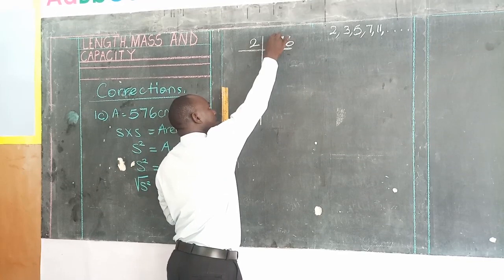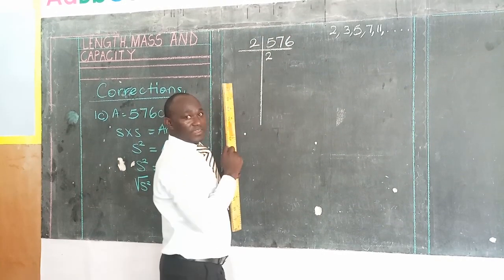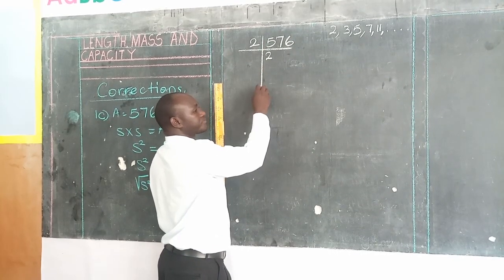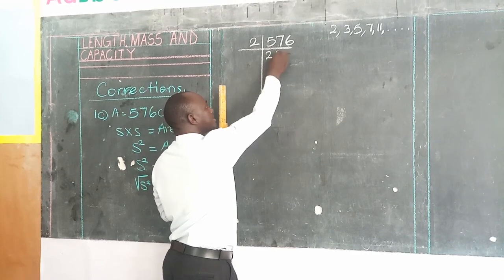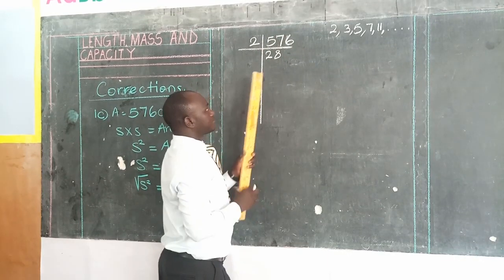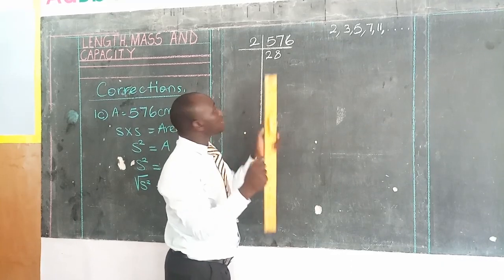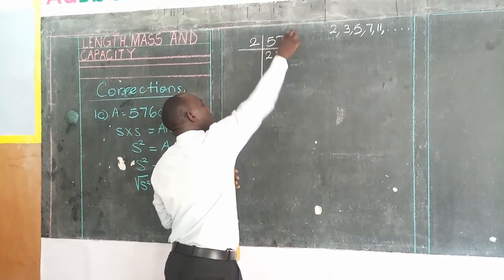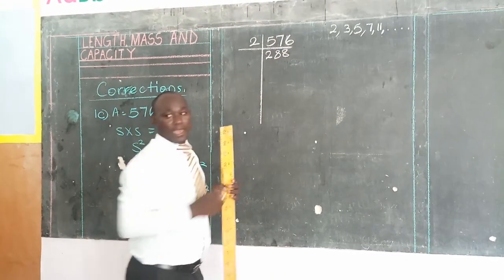Our remainder is 1. Let me write it here slightly. So at this point I have 17. 17 divided by 2 will give me 8 of 16, and our remainder will be 1. And that 1 which is remaining is just like the 10, so that 10 plus 6 is giving us 16. So here we have 16. 16 divided by 2 is going to give us 8.